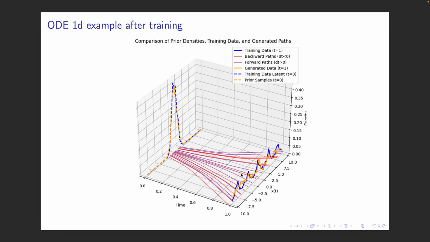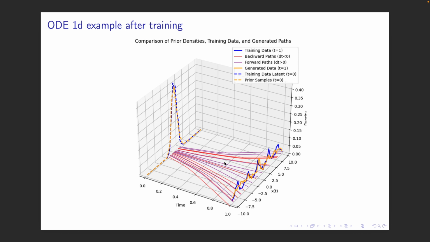It's deterministic, so you can say this point here at t equal to 1 corresponds to a point here at t equal to 0, and if I then reverse time and solve back again, I get a path that coincides exactly with the original path. In the stochastic version, which I talked about with score matching, this is only true on a distribution level, right? The distributions you get in the end will be the same.